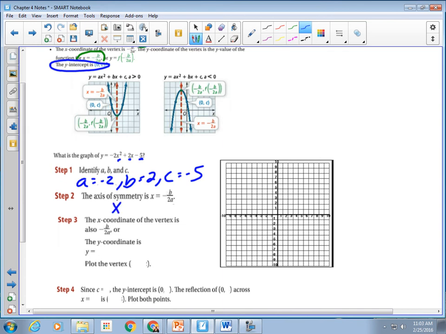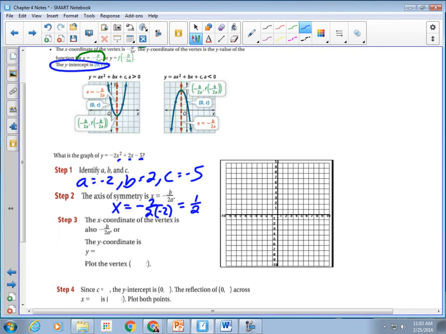So I'm just going to plug in negative b, so b is 2, over 2 times a, which is negative 2. Then I simplify that down. That's a negative 2 over negative 4. Negative and negative is a positive. 2 over 4 is 1/2. So x equals positive 1/2 is our axis of symmetry.